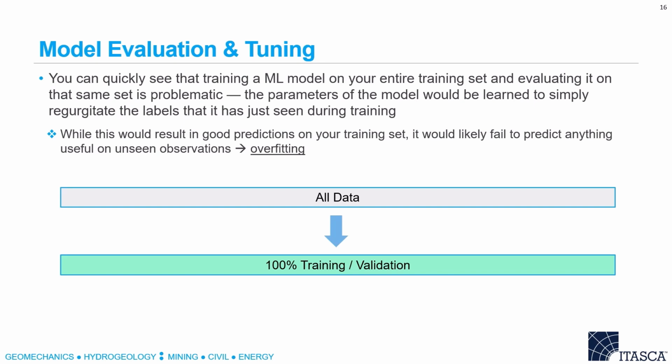You can pretty quickly see that training a machine learning model on your entire training set and evaluating it on that same set is problematic. The parameters of your model would be learned to simply regurgitate the values that it just saw during training. This defeats the whole purpose of training a machine learning model at all. You would end up with good predictions on your training set, but it would likely fail to predict anything useful on unseen observations. This is called overfitting.